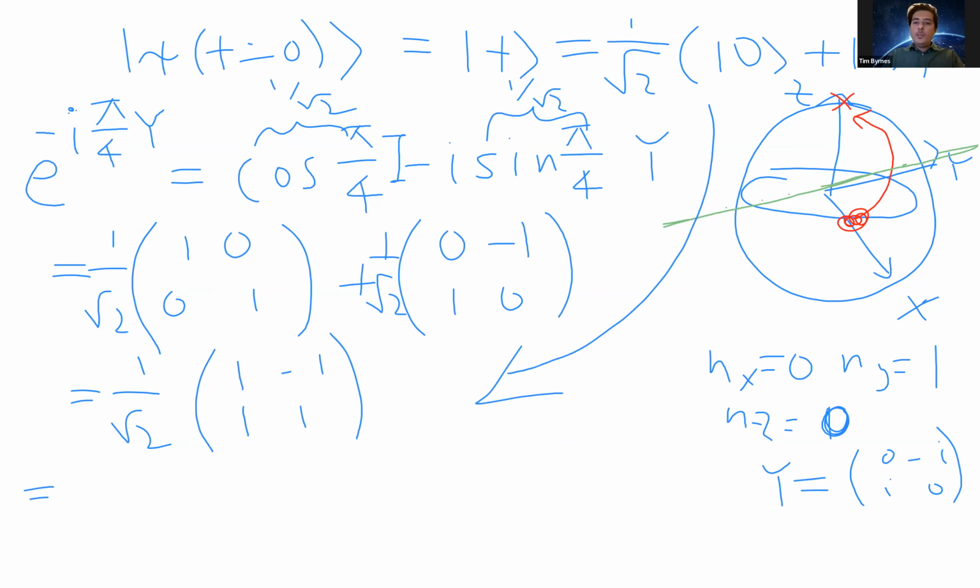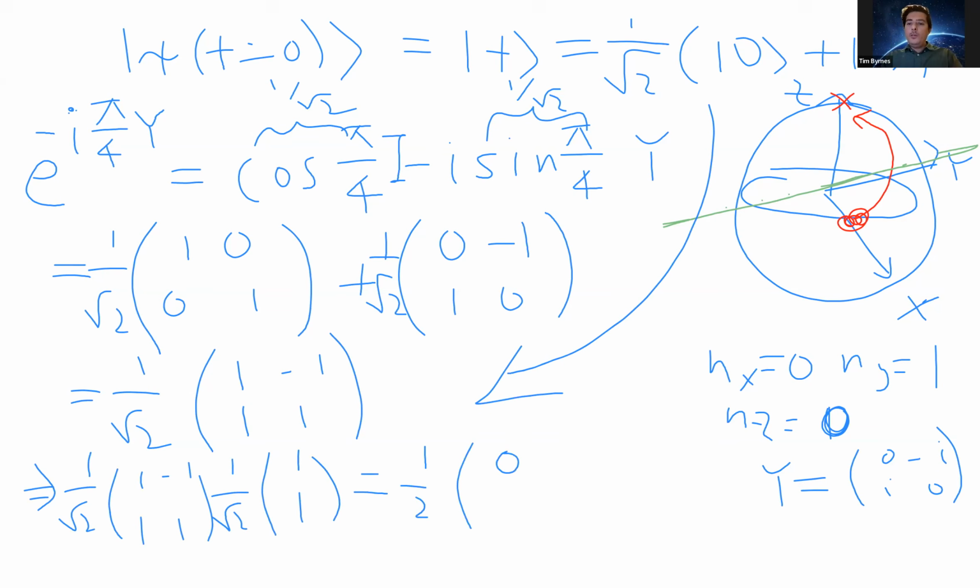So the rotation times the state will give 1 over root 2 times 1, minus 1, 1, 1, times 1 over root 2 times 1, 1. If you do this, you get a half times 0 and 2, which is 0, 1. As I said, I wasn't confident on the sign, and in fact, what we've just achieved is we've gone around the wrong way.